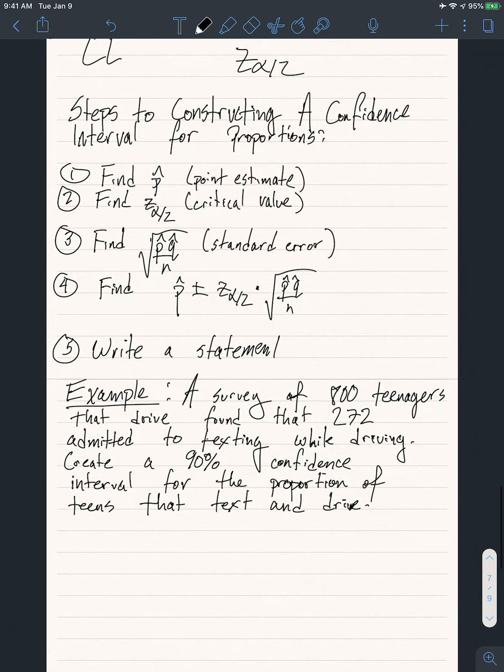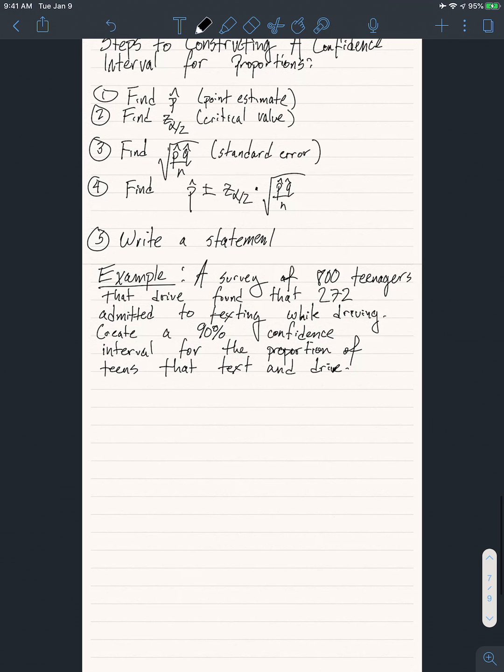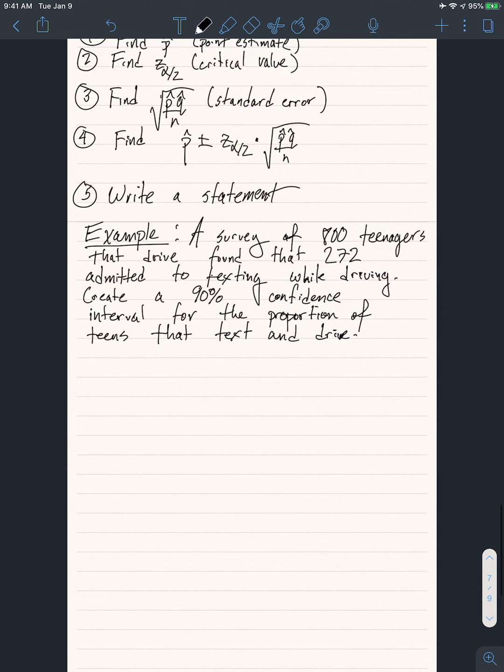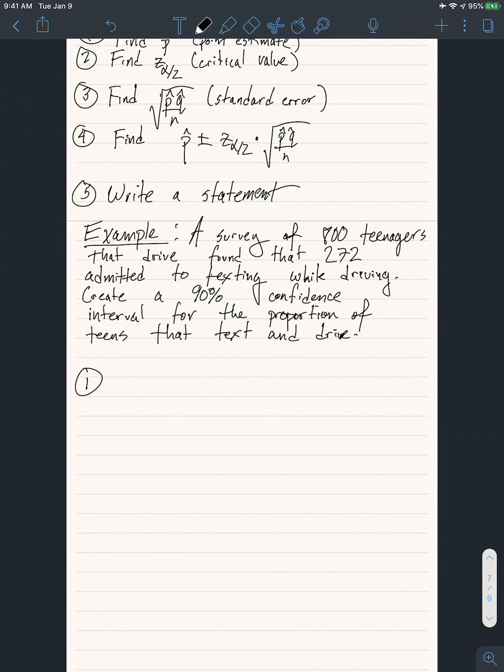All right, so following our steps, we need to find our p hat first, then find our critical value, find our standard error, create our interval by doing this plus or minus, and then write a statement. First step is find your p hat.